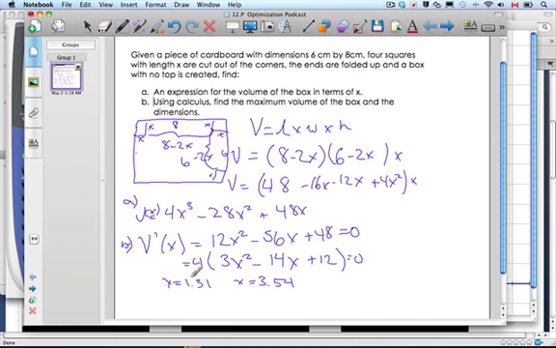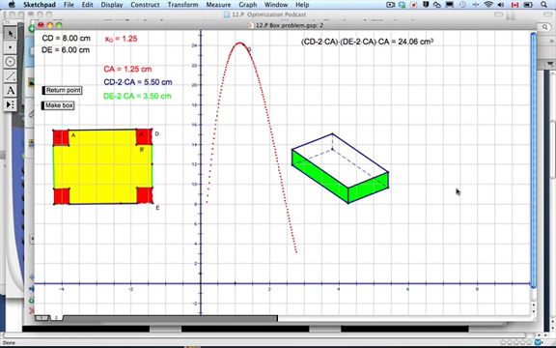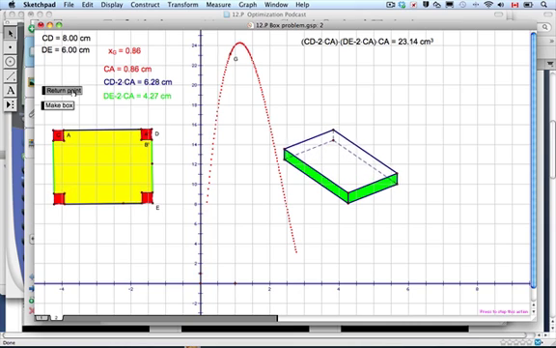So what does that mean? Well, these are what is going to make this box have a maximum or a minimum volume. If I just look at this, it looks like the maximum is going to be 1 point something. Well, what's that 3.5 talking about?